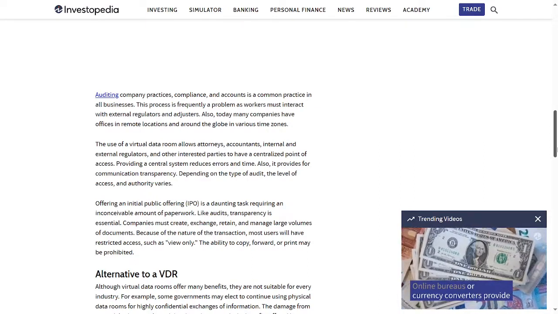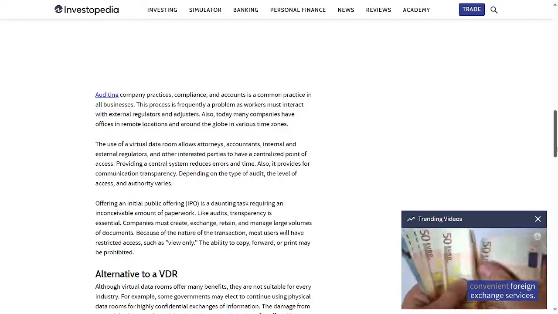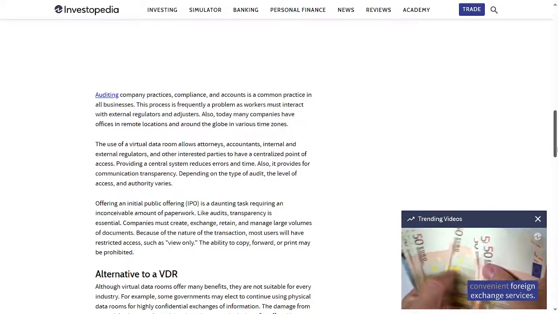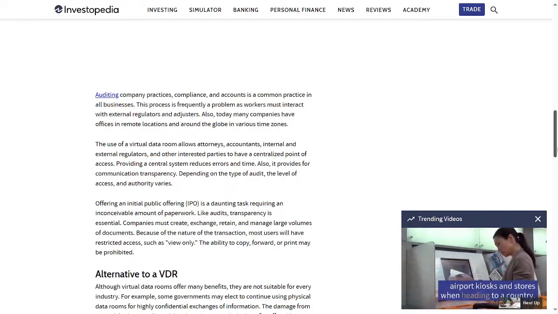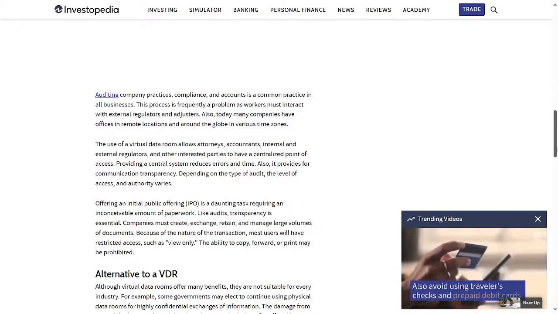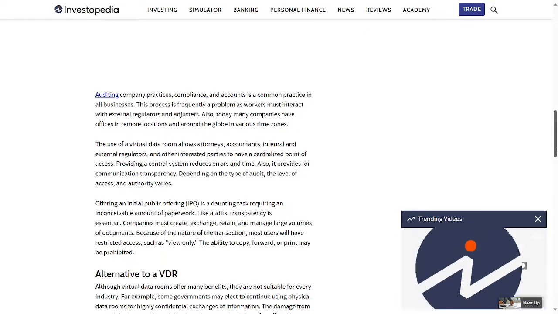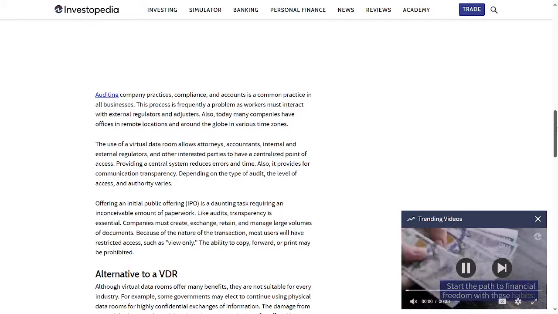The use of a virtual data room allows attorneys, accountants, internal and external regulators, and other interested parties to have a centralized point of access. Providing a central system reduces errors and time, and it also provides for communication transparency. Depending on the type of audit, the level of access and the authorities varies.